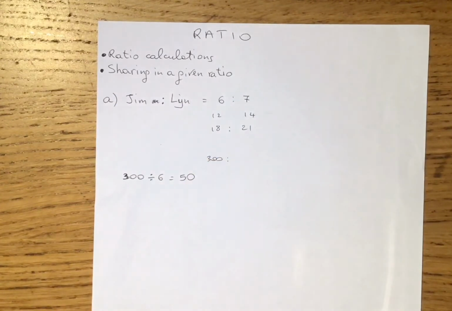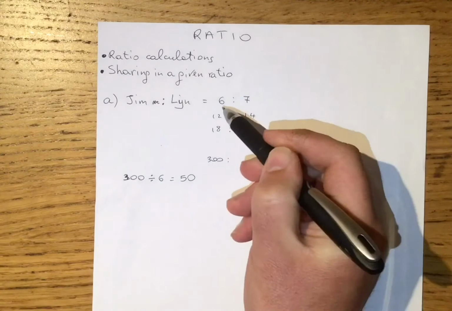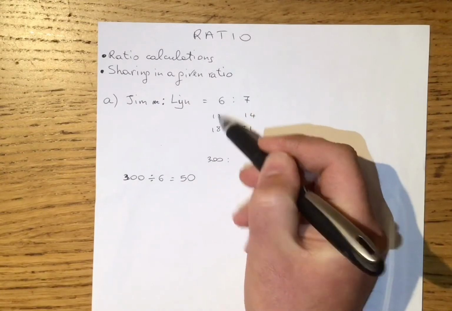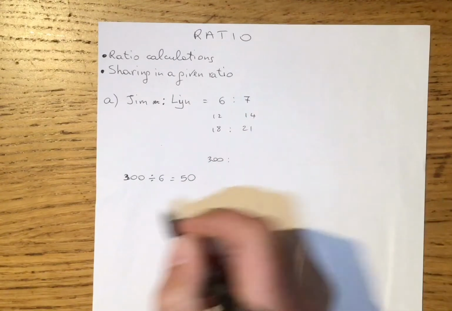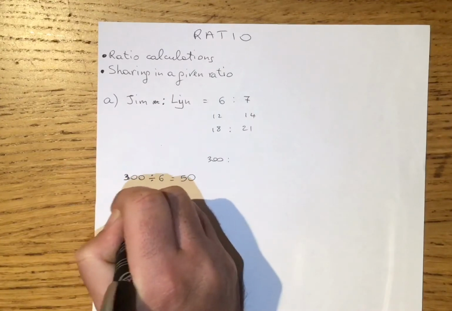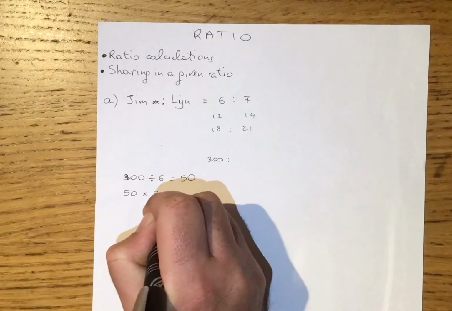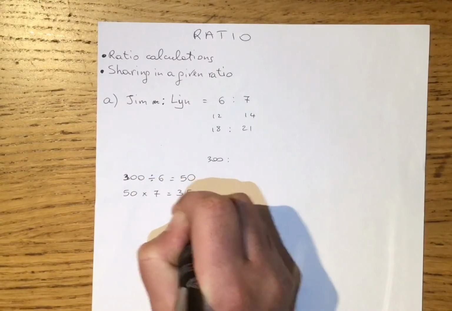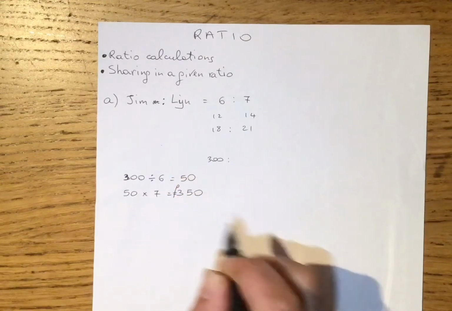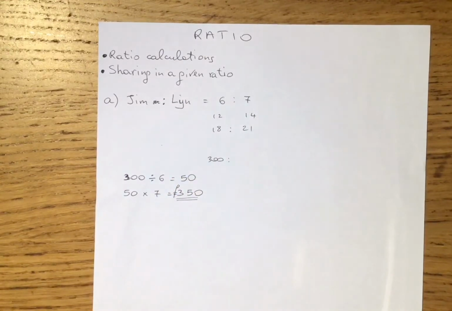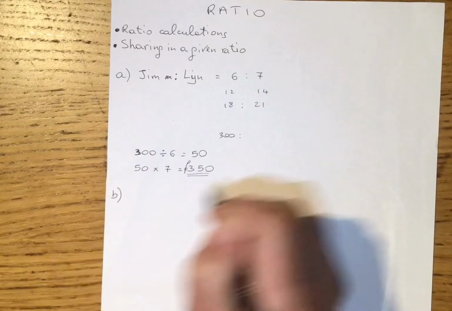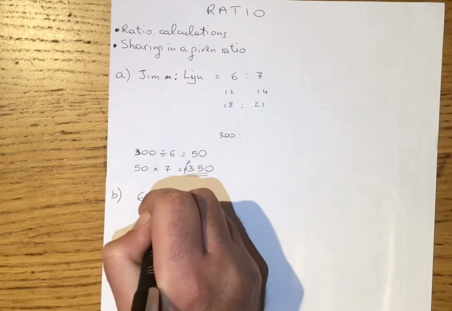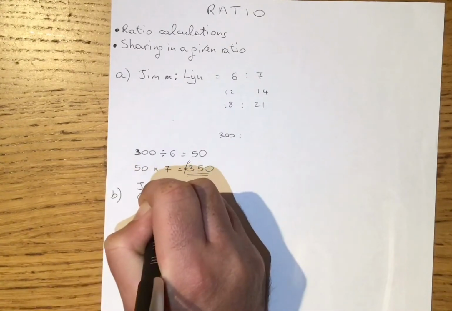So you need 50 sixes. Now, since there are 50 sixes, there will be 50 sevens regarding Lynn. So Lynn is going to earn £350.